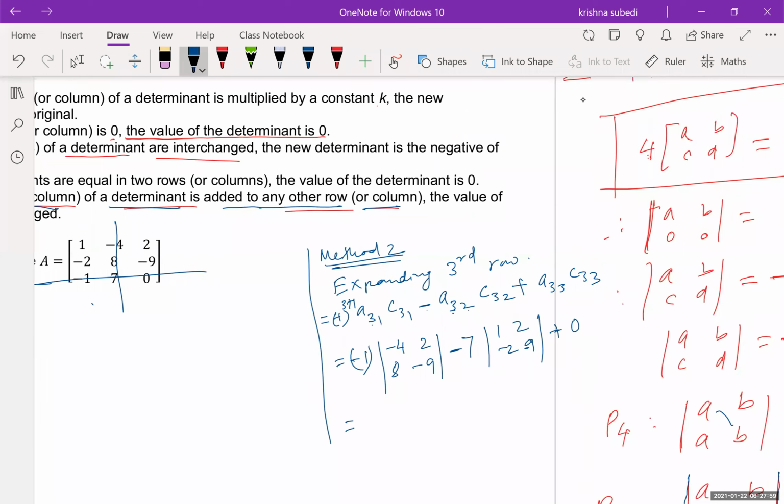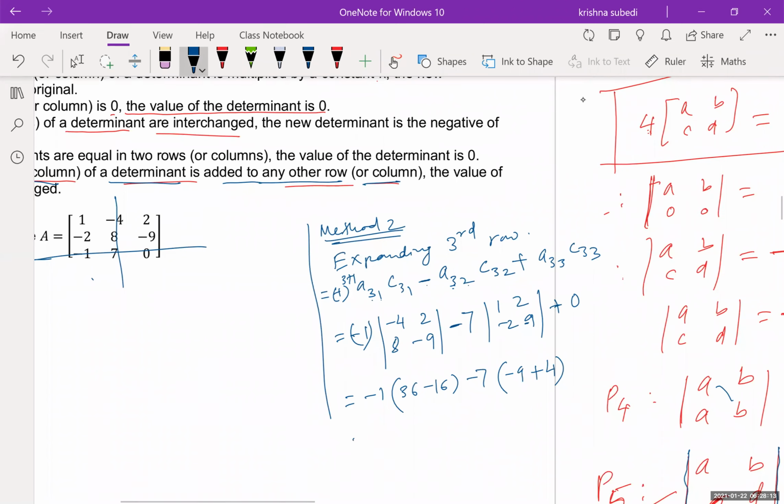So if I work it out, I'm going to get -1, and this will be 36 minus 16 minus 7 here, and you'll get -9 plus 4. So how much is that? Is that 15? Okay. -15 or positive 15. Let's see.